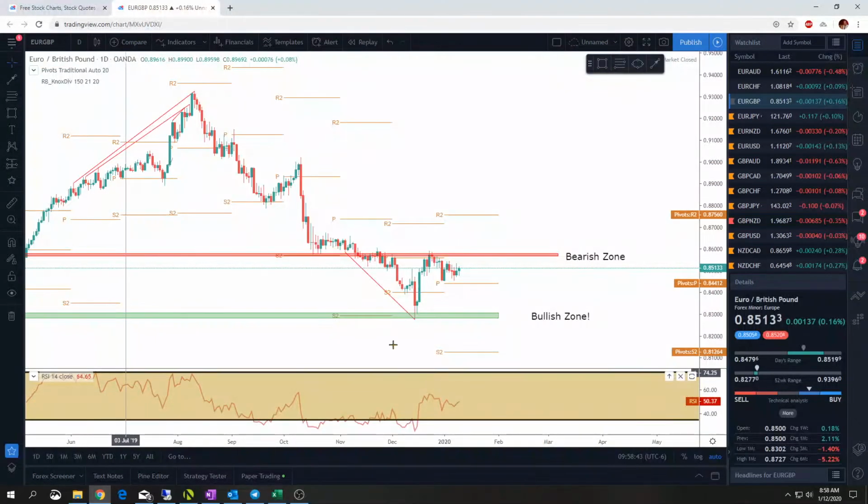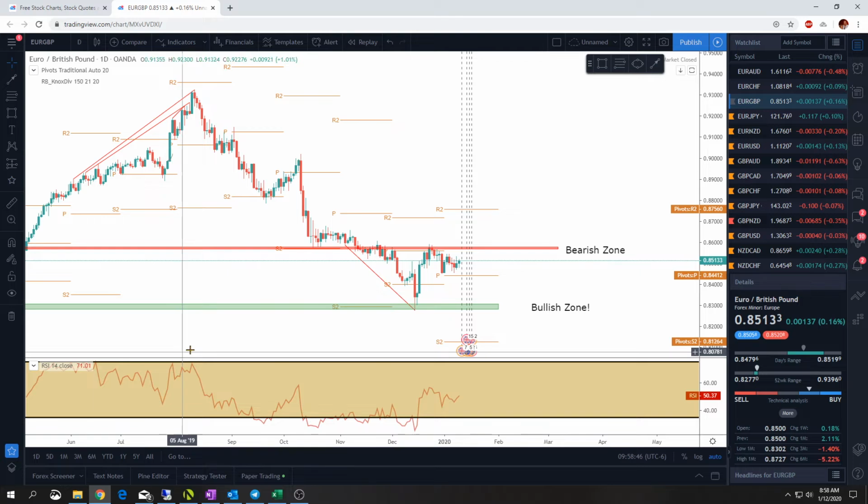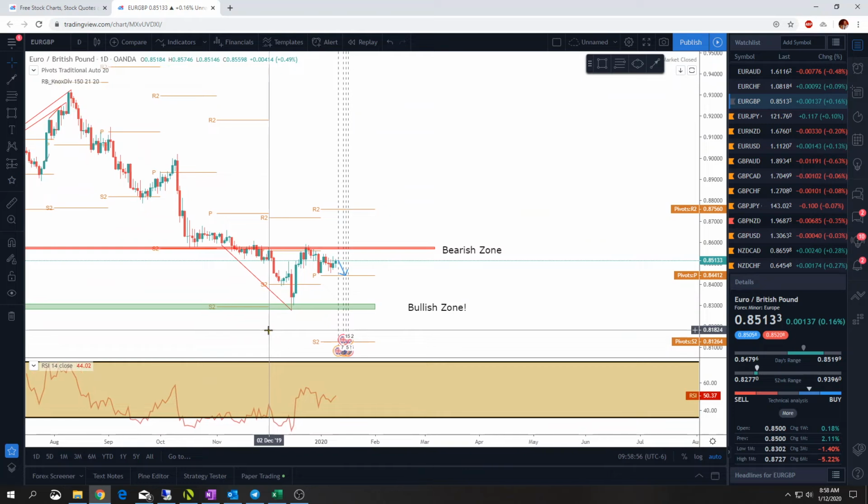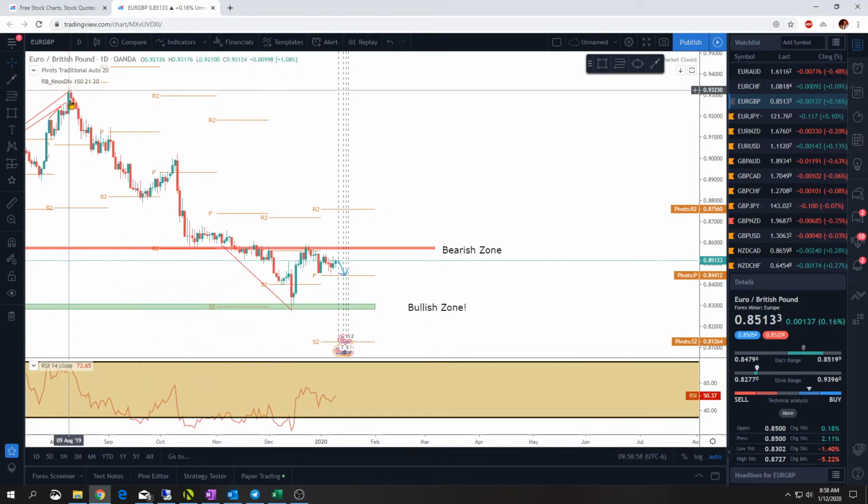Euro, British pound. So we still have last week's pivot to hit. So I like this pair at least down to that level from where we're at. We are in a downward trend here. Doesn't look like we've broken that trend.